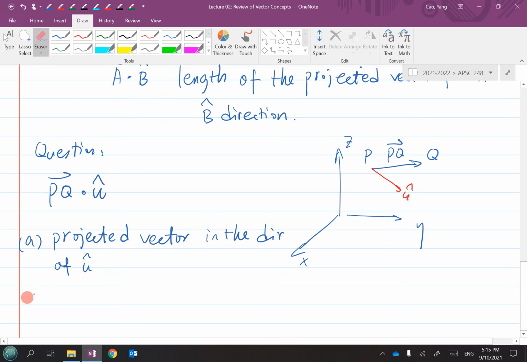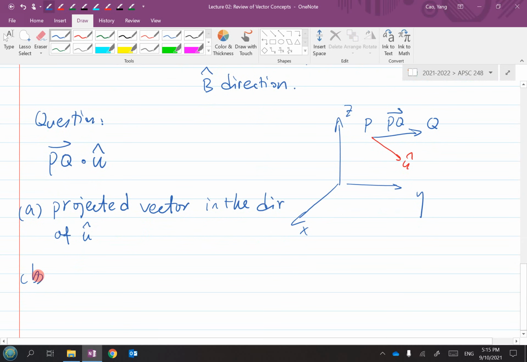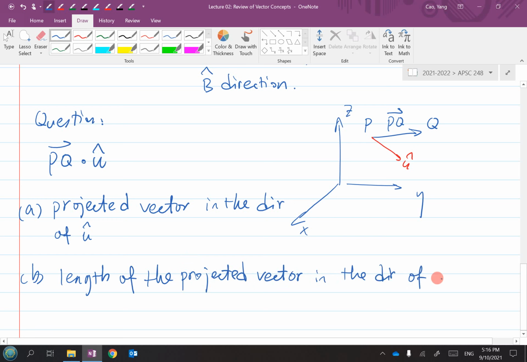B, length of the projected vector in the direction of U hat. There are only two choices, either A or B. I'll give you maybe 5 seconds to read it through and write it down.